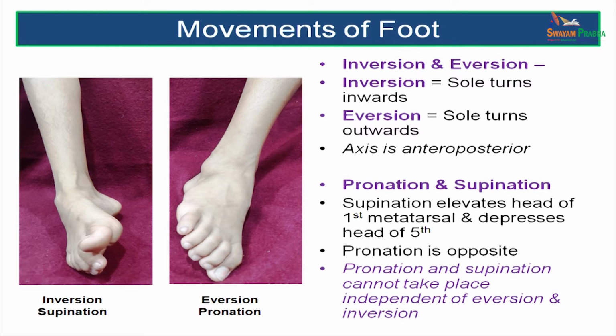Pronation and supination are movements between the forefoot and the midfoot, and these movements cannot take place independent of inversion and eversion. So, whenever there is inversion and eversion, there is an associated supination and pronation taking part at the same time.